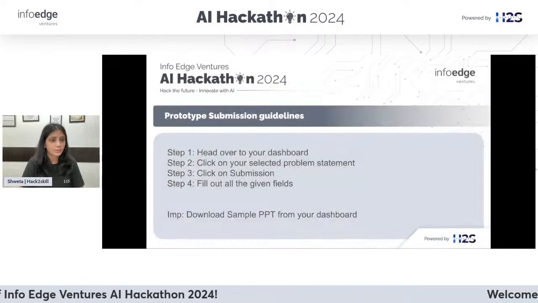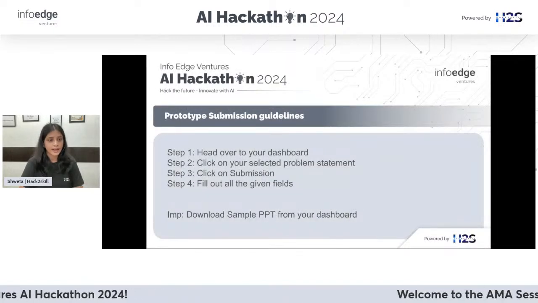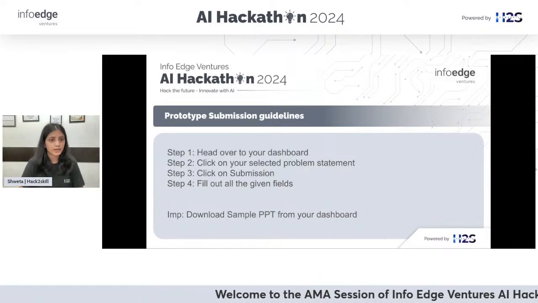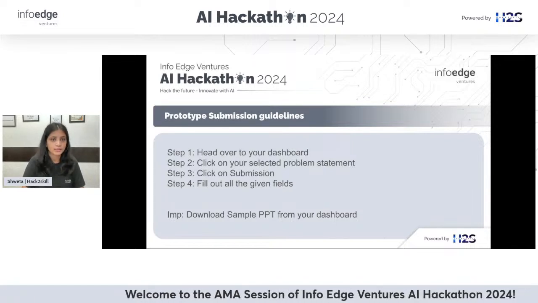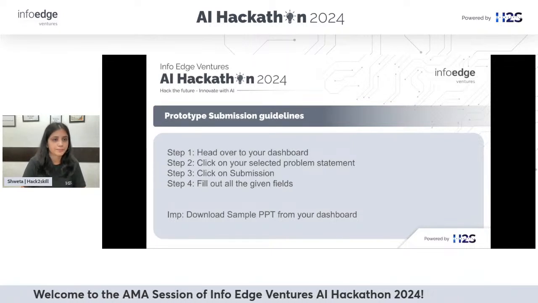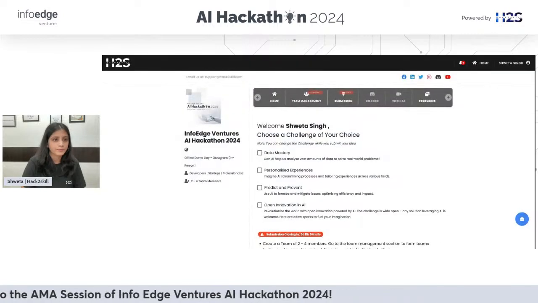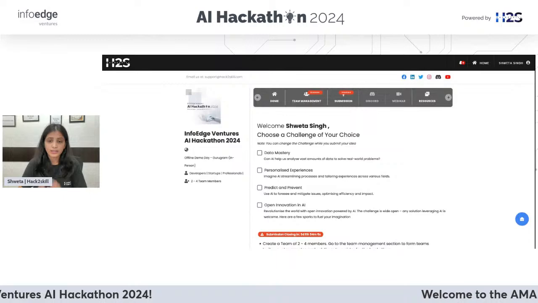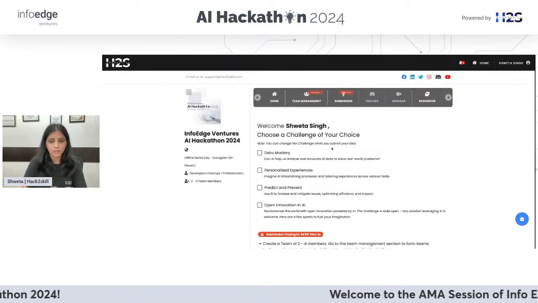So, starting with the prototype submission guidelines, for those who might not have explored the dashboard yet, I'll quickly show you how it's done. Once you register for the hackathon, this is where you land. First, you can see the 4 problem statements.